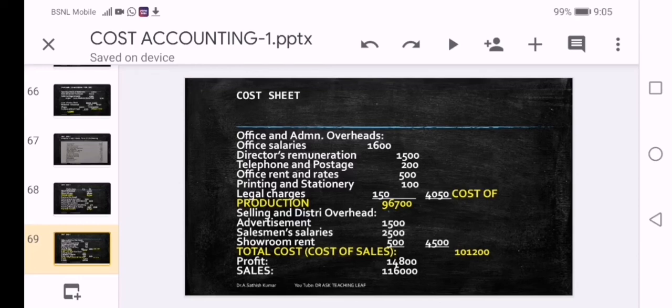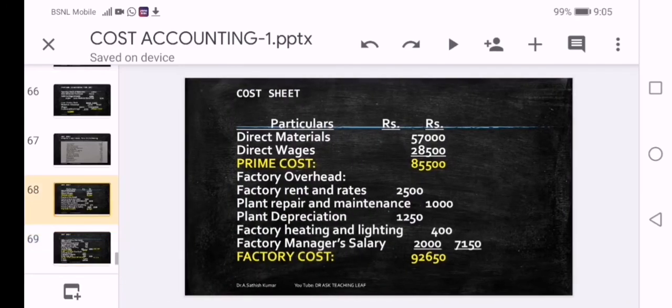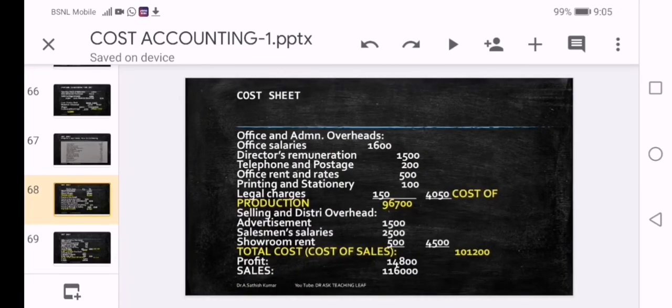Once you add this office overhead 4,050 to the factory cost, then you will get cost of production. So factory cost is how much? 92,650. For this you are adding office and administrative overhead, which is 4,050, and you add these two, you will get the cost of production 96,700. So stage 2 is also over.